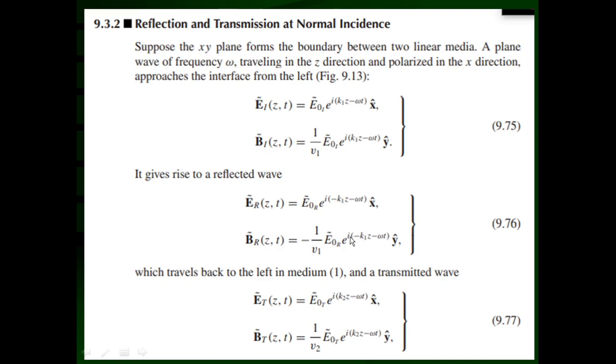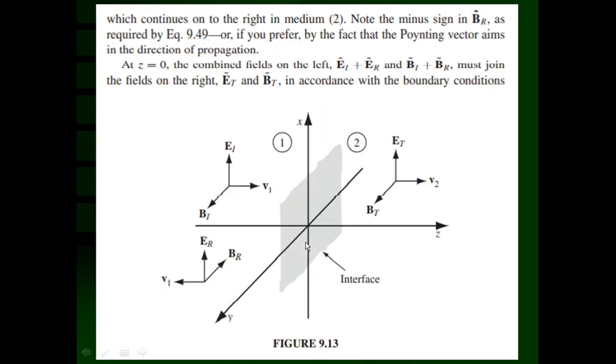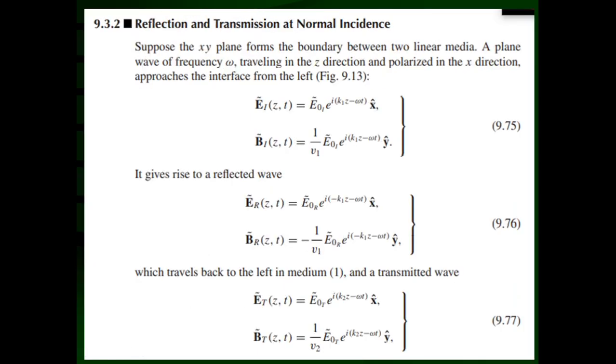But because the wave is now reflected in a backward direction, in the negative z direction, the magnetic field is reversed. That means instead of the positive y direction, the magnetic field vector will be in the negative y direction, and that's why the negative sign has been introduced, which travels back to the left in medium 1.